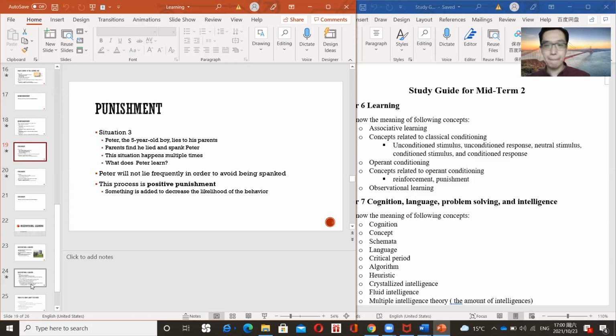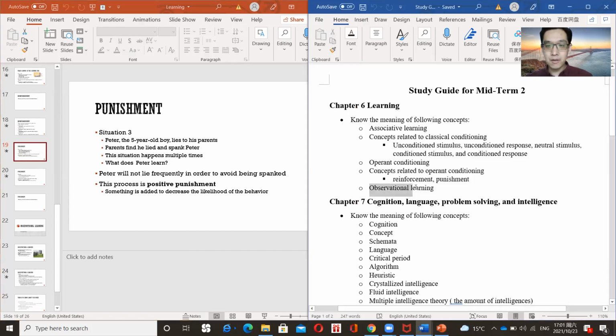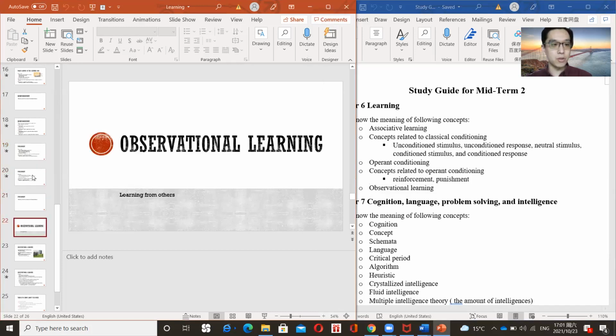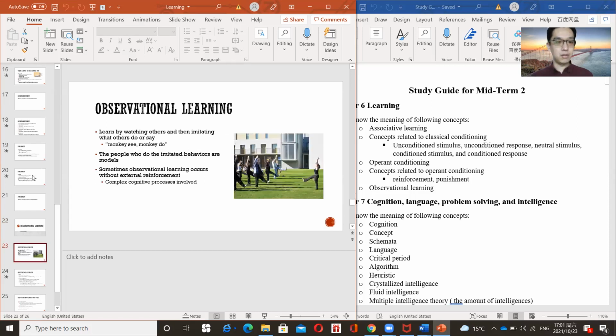So you need to know there are two kinds, but basically you need to know what reinforcement is, what the punishment is. And a third type of learning that we talk about is observational learning. So we need to know what observational learning is. In observational learning, conditioning is not involved. We humans just observe others and learn from others.